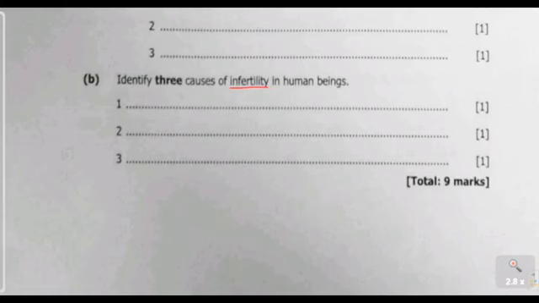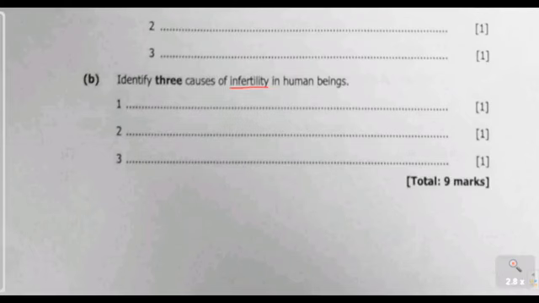We can also have conditions where tissue growing outside of the uterus or the ovaries can cause internal bleeding. It can also cause pain or reduce fertility. So these are some of the causes of infertility in a woman.